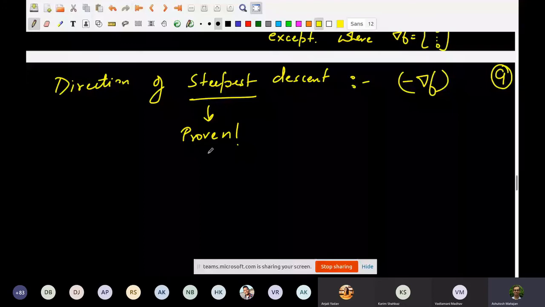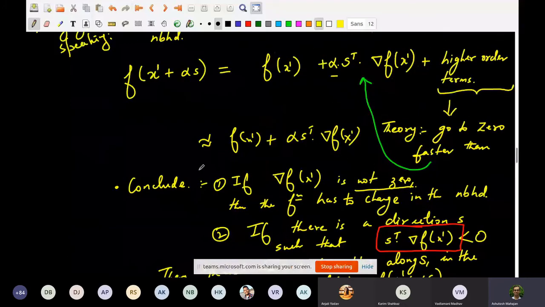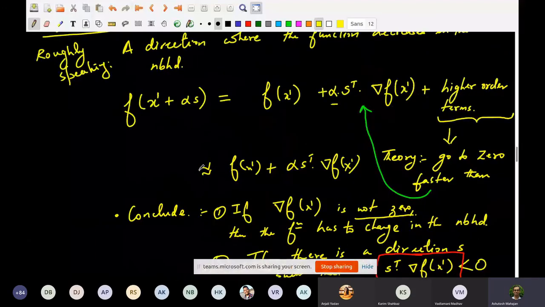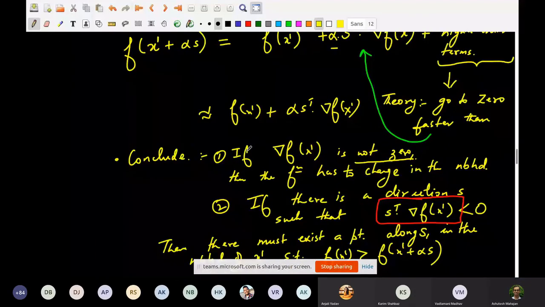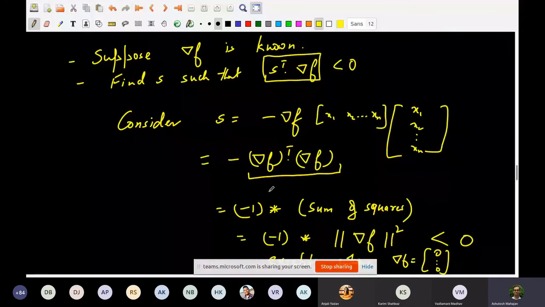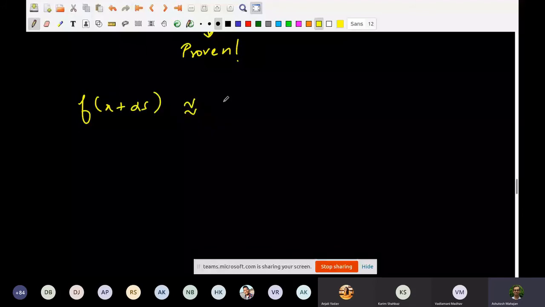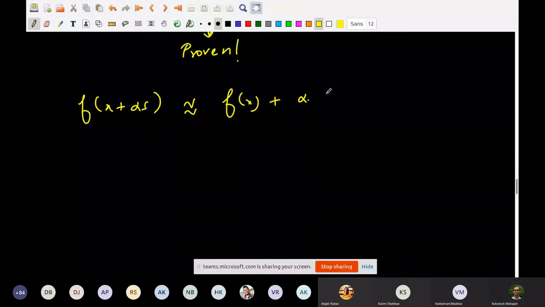Okay, and this can be proven. So let's go back to the Taylor series and see this approximation. f of x plus alpha s is nearly equal to f of x plus alpha times S transpose gradient of f.